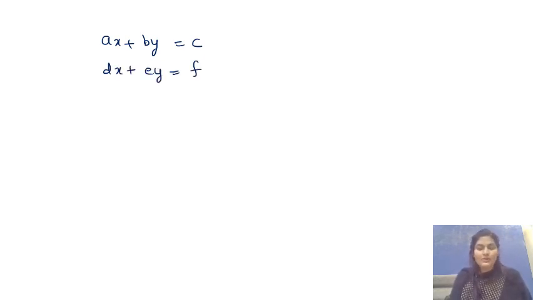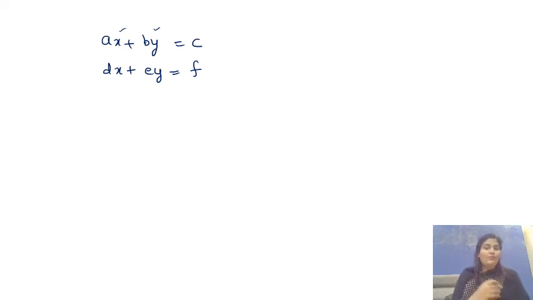What is an augmented matrix? Let's say you have a set of linear equations and you are supposed to solve it. Though we are not solving it here, let's say you have ax plus by equals c and dx plus ey equals f. This is a set of linear equations with two variables.